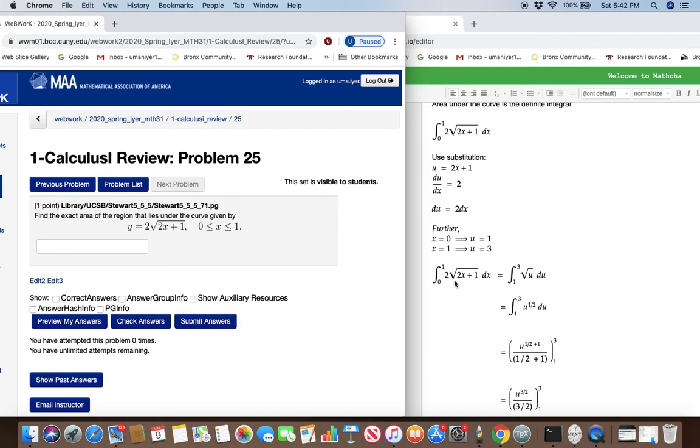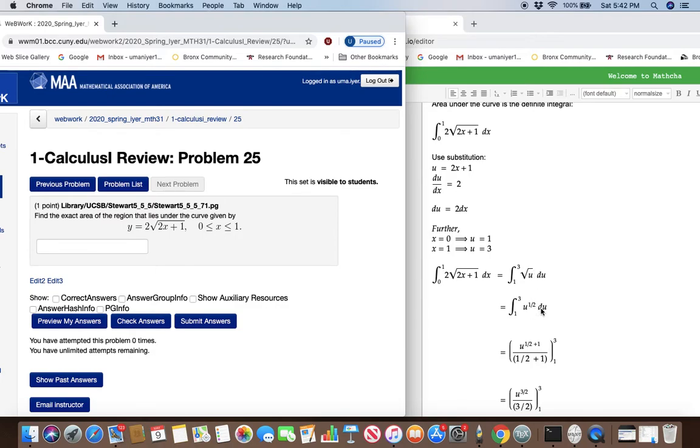Now limits. When x is 0, plug in 0, u gives me 1. When x is 1, substitute 1, I get 2 plus 1, 3. U gives me 3. So this entire integral converts to 1 to 3 square root u du. What is square root u?